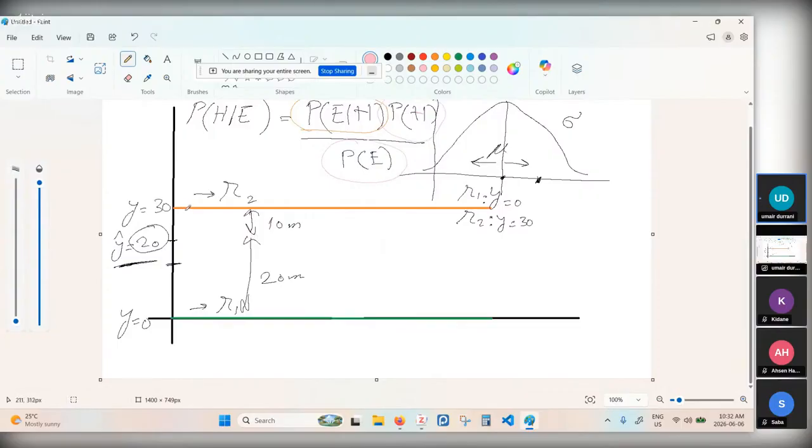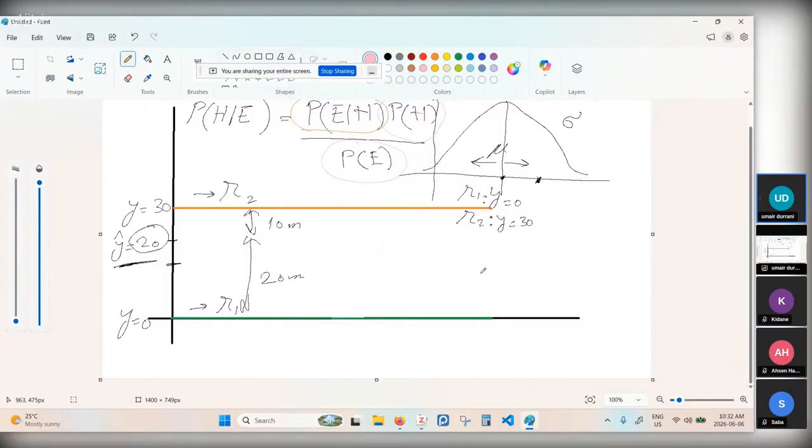If you are on R2, then the mean value would be 30 meters. And everything around those two positions would represent the error in the GPS position. If you are exactly on 0 meters, then there is no error. But if you are around 0 meters, that is considered to be an error from the GPS position.